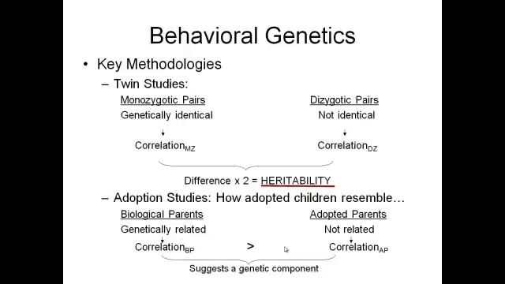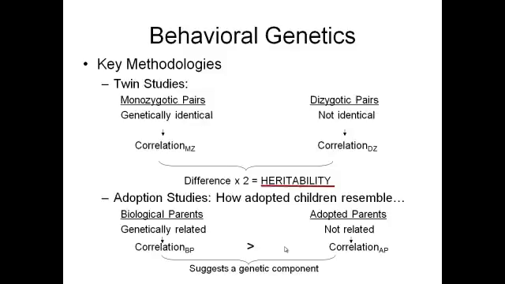Okay, so let's start talking a little bit about genetics and seeing how that relates to the study of personality. A lot of research is done. There are two types. Start with twin studies. What are twin studies?